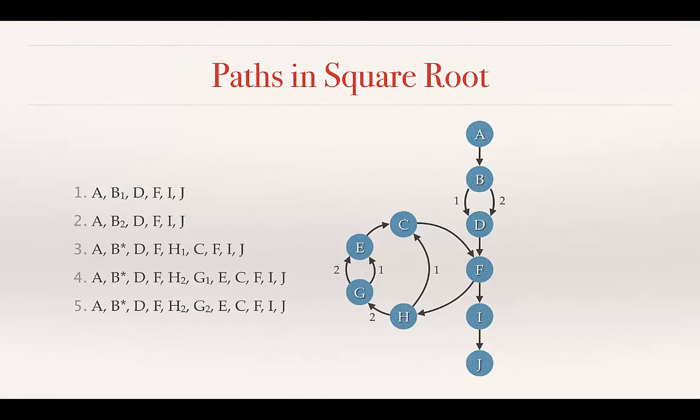For example, the first path chosen will pick either edge from the first if statement and will skip the loop. The second path will choose the other edge from that if statement, and it'll also skip the loop. The third path will choose either edge and will go through the loop in the shortest way possible.